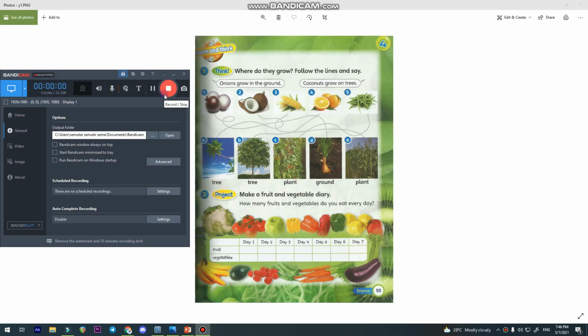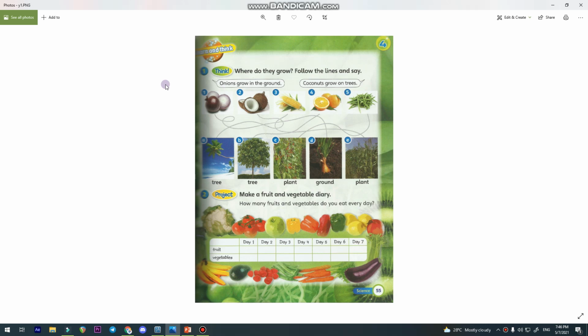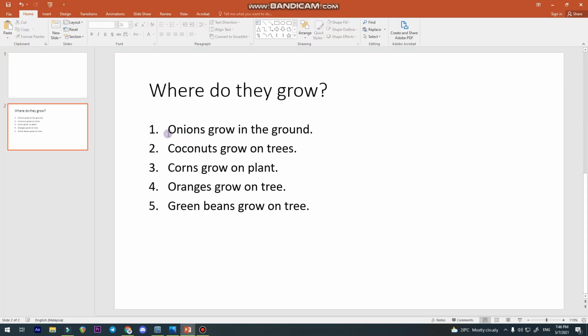Alright. Okay, now you can open your writing book. Keluarkan buku tulis. So we're going to write sentences for number 1 until number 5. Okay, so number 1, onions grow in the ground.